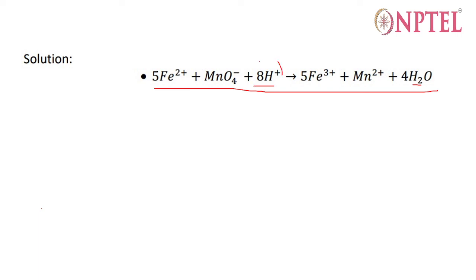So I'm writing here 8 H+. This will balance each other. The other things are very easy to balance, because there are only Fe2+ and Fe3+, just write 5 and 5. And there are only 4 oxygens, and we are getting 4 oxygens here, 4 multiplied by 1 is 4. So this is very easy, nothing else.